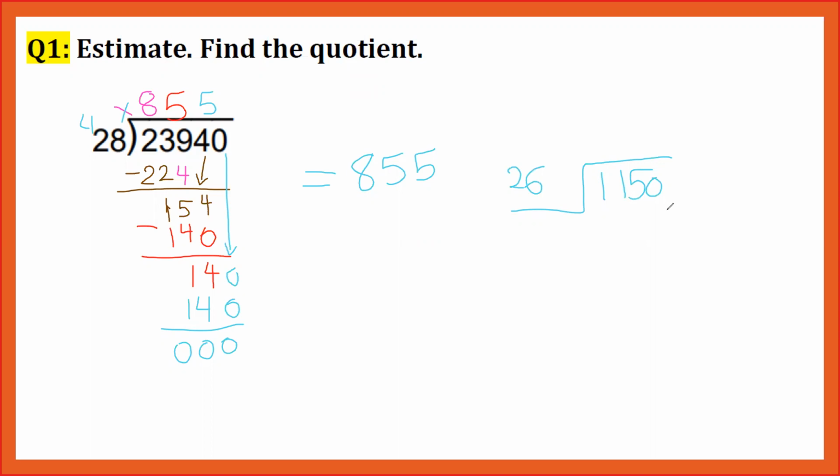You have to estimate. Let's make it 1,200 as an example. Now 120 over 25.